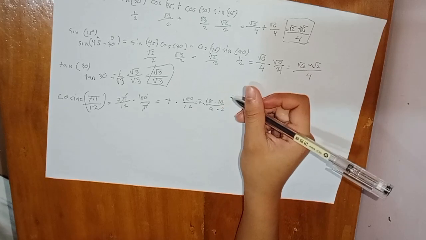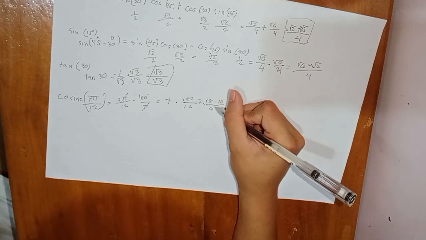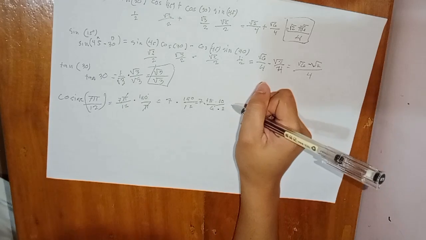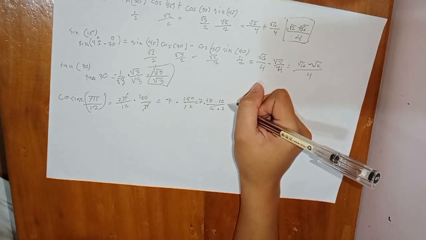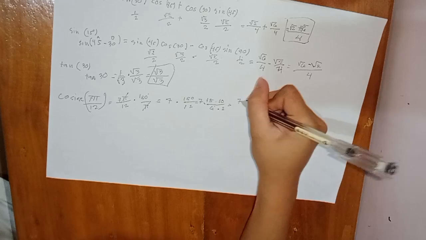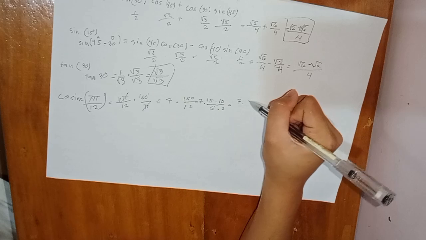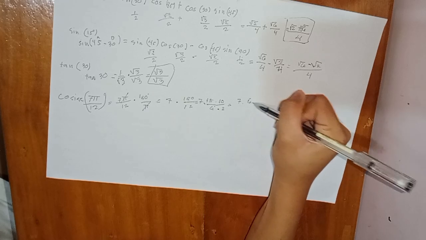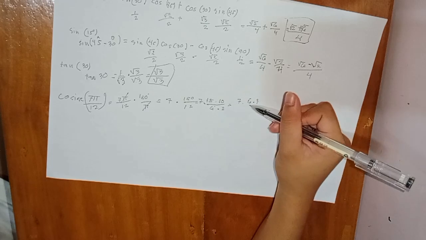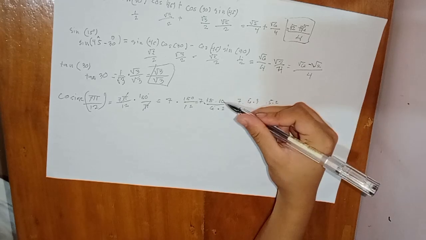So we must multiply 6 times 3 is equal to 18, and 5 times 2 is equal to 10.